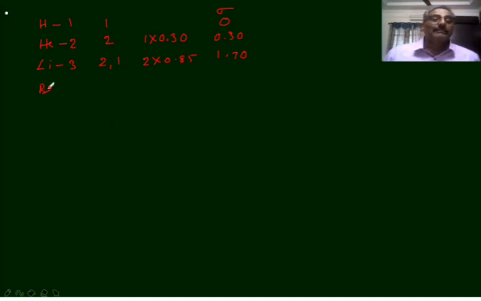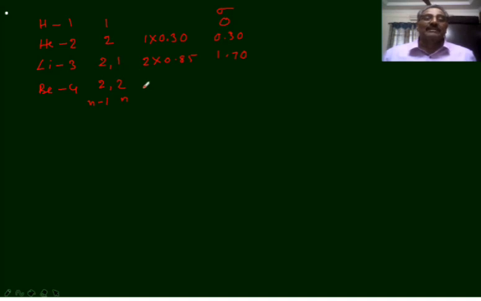Beryllium. Atomic number is 4. Electron distribution is 2, 2. There are 2 electrons in the n-1th shell and 1 electron in the nth shell, which cause a screening effect to the electron under observation.